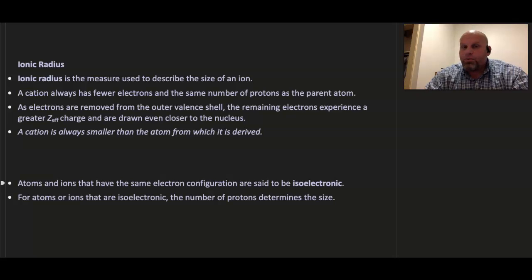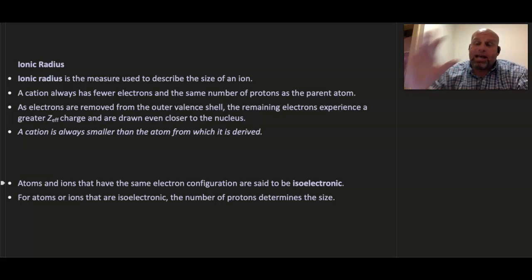As those electrons are removed, the remaining electrons will have a greater Zeff, right? So the core electrons would now outnumber those valence electrons because I'm losing valence electrons pretty significantly. So those valence electrons are drawn even closer to the nucleus. So a cation is always smaller than the atom from which it was derived.